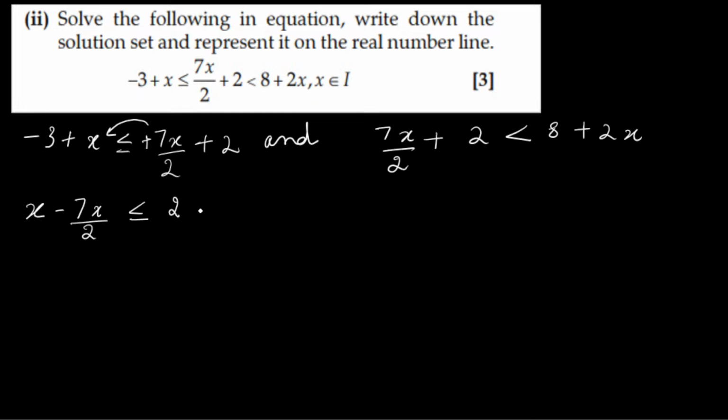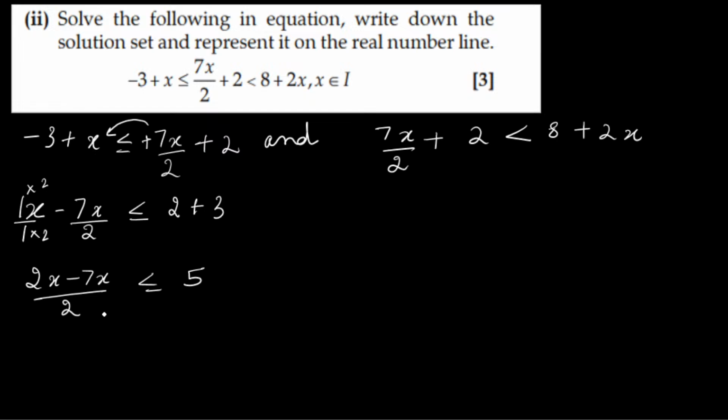Minus 3 when I shift to the other side will change to plus 3. Now this is a fraction, so we have to make the denominator the same. Let's multiply this by 2. So here I'll get 2x minus 7x by 2 less than or equal to 2 plus 3 is 5.